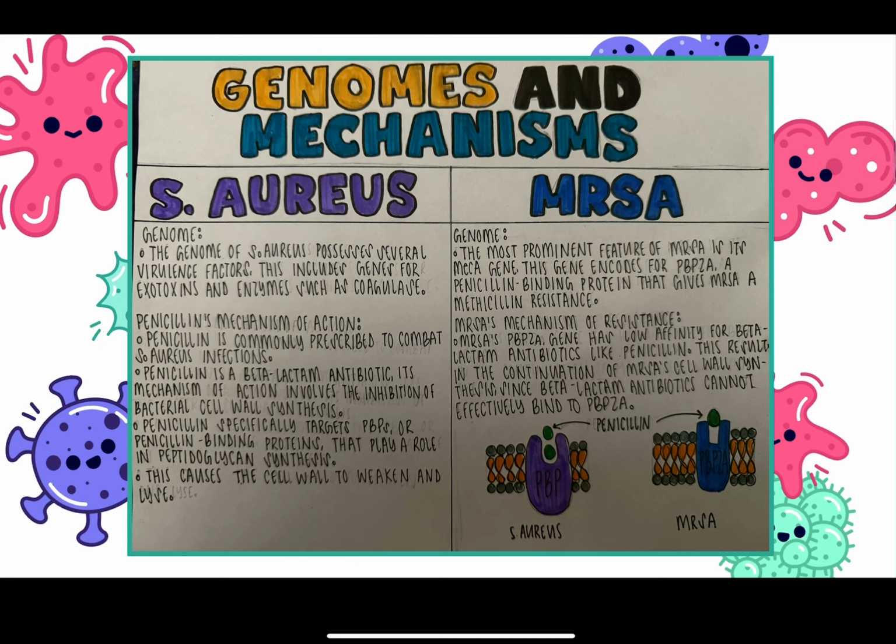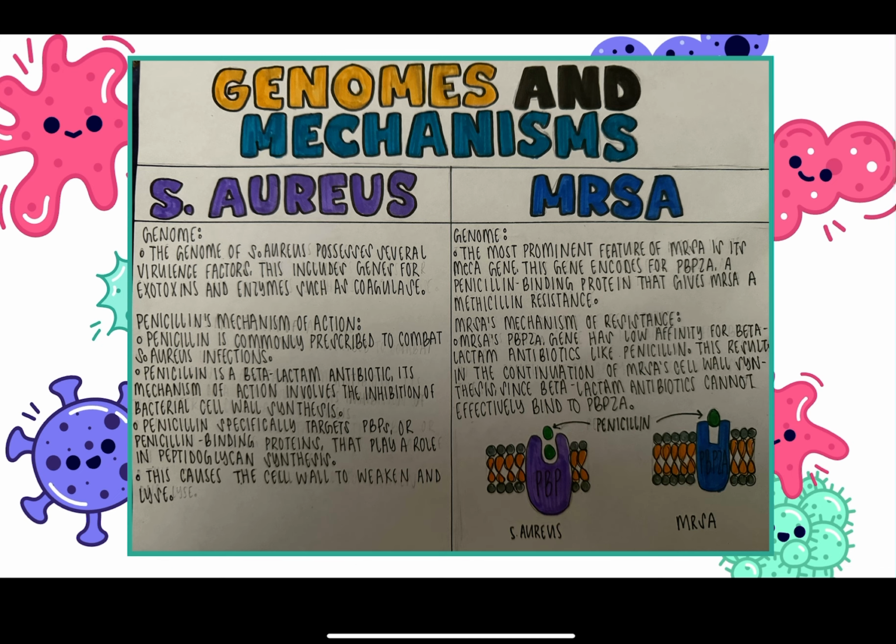So this goes back to what we discussed on the last slide, talking about how S. aureus and MRSA both have thick peptidoglycan walls. So penicillin is going to inhibit that cell wall synthesis and weaken the cell wall to stop the infection from spreading.